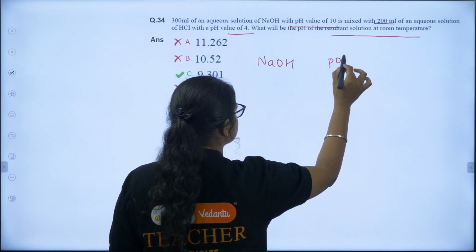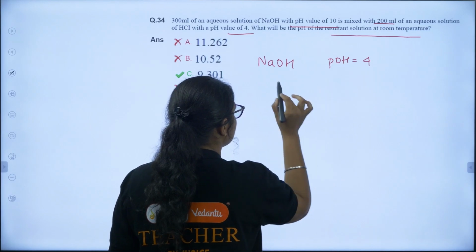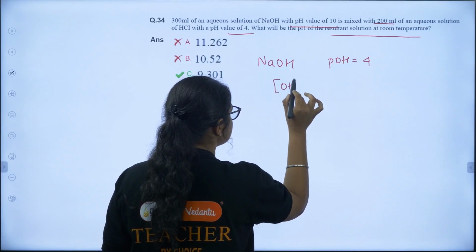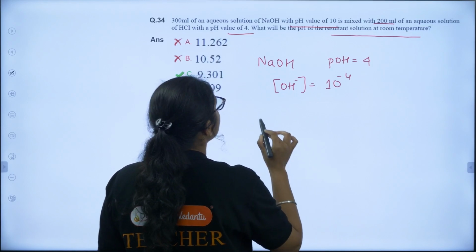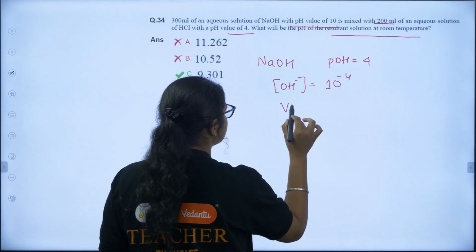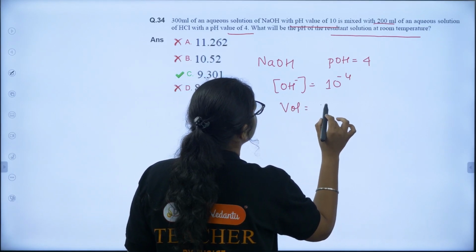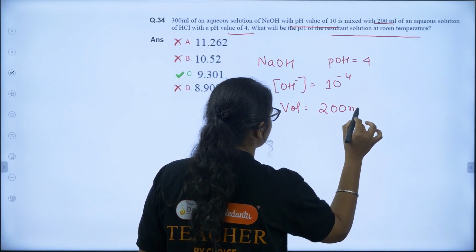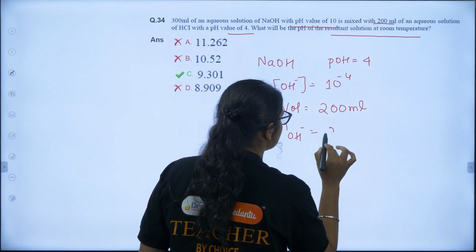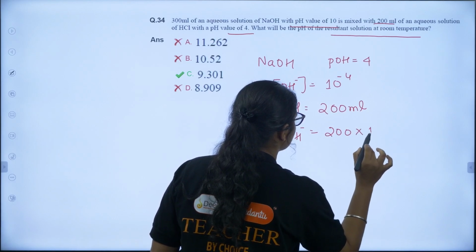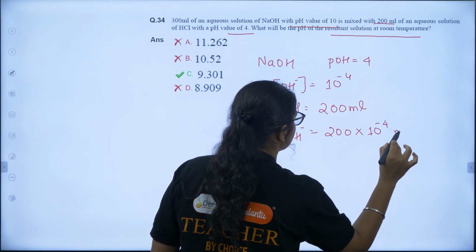Then what is its pOH value? It is 4. Then what is the concentration of OH minus in this? 10 to the power of minus 4. Now, if the volume given is 200 ml, then what will be the number of moles of OH minus? We have 200 into 10 to the power of minus 4 millimoles.